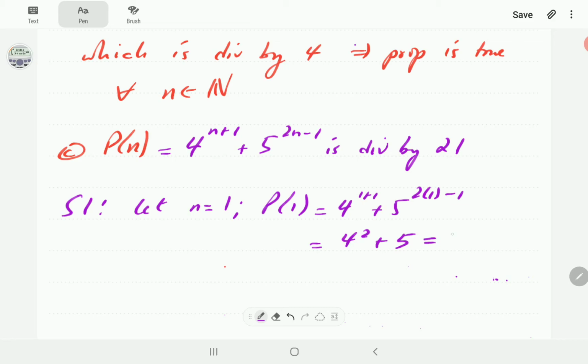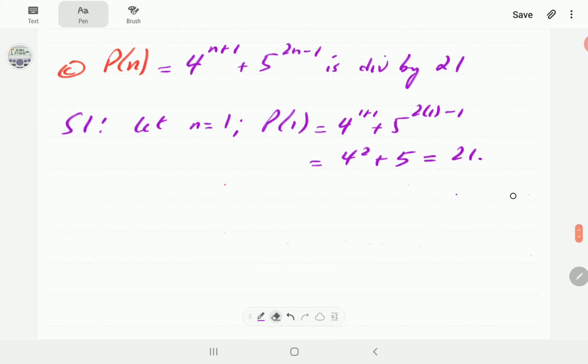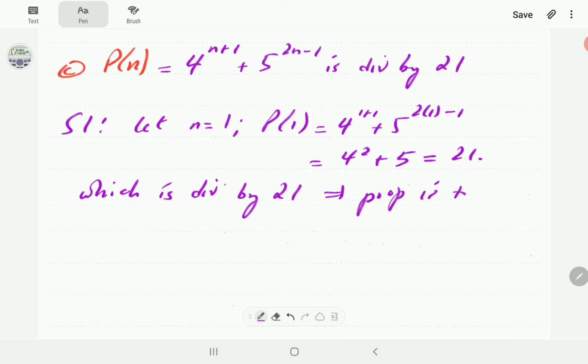It's going to be 16 plus 5. It's going to be 21. So that is divisible by 21. So the proposition is true for this base case.